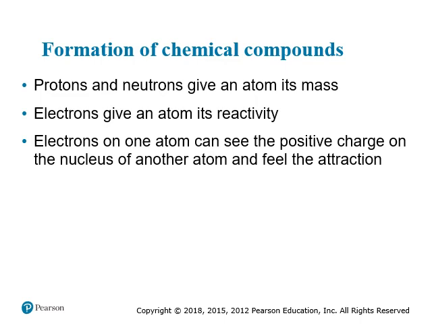Protons and neutrons are the particles that have considerable mass, so they contribute appreciably to the mass of an atom, while electrons are significantly smaller. But electrons play an important role. Electrons are actually what give an atom its reactivity. It is the interaction between electrons, between adjacent atoms, that cause the formation of chemical compounds.